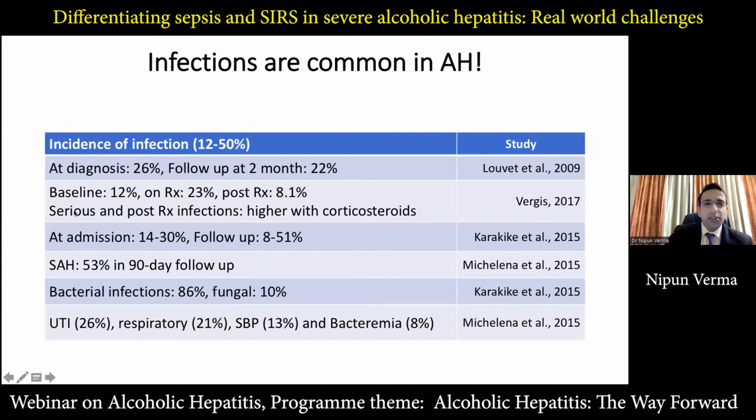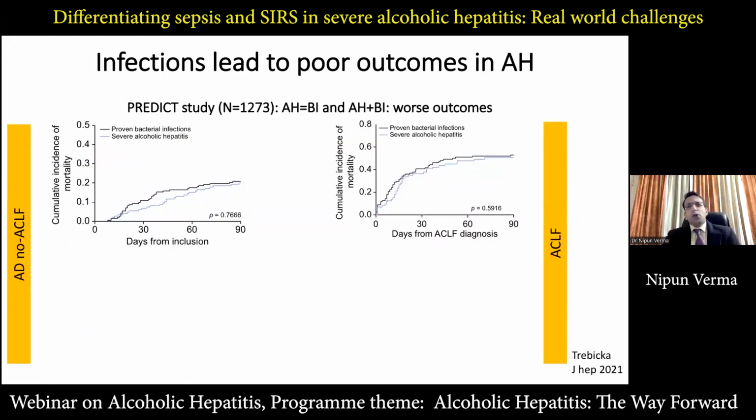Steroids led to serious as well as post-treatment infections. Bacterial infections are more common, but fungal infections are a very important cause of mortality, especially in the nosocomial setting. So how do infections lead to poor outcomes?